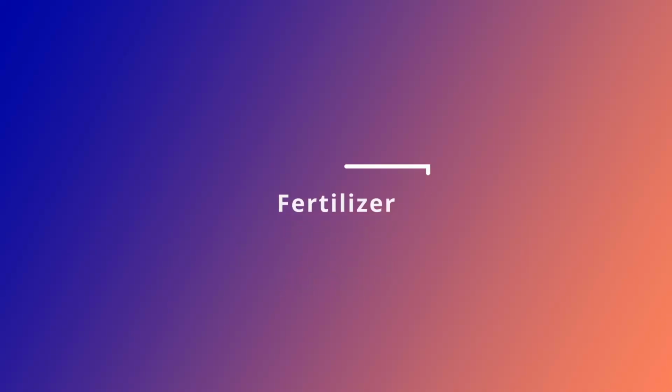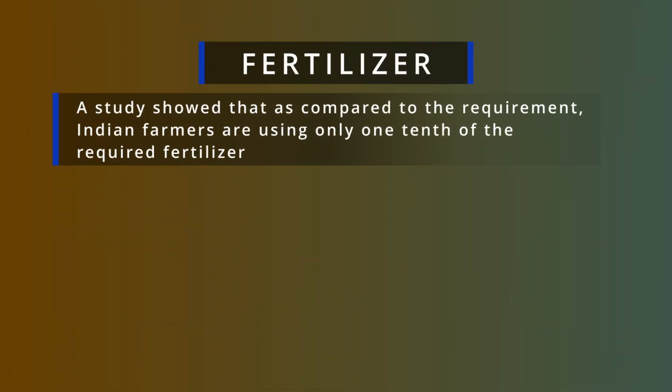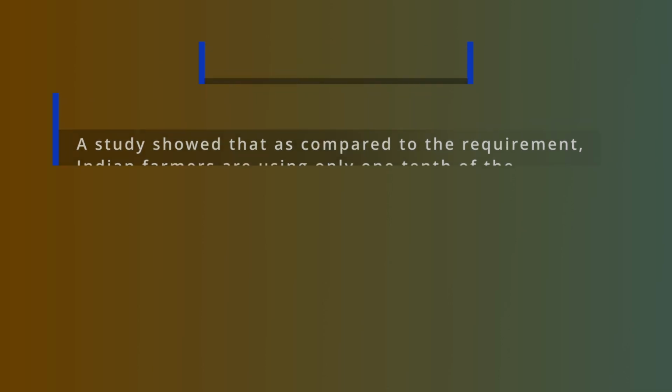Now we are going to discuss the second important input for the agricultural sector, that is fertilizer. Now, in a study, it is seen that in India, the farmers are using one-tenth of the required fertilizer. So we can understand that in terms of the requirement, the use of fertilizer is quite low in this country.